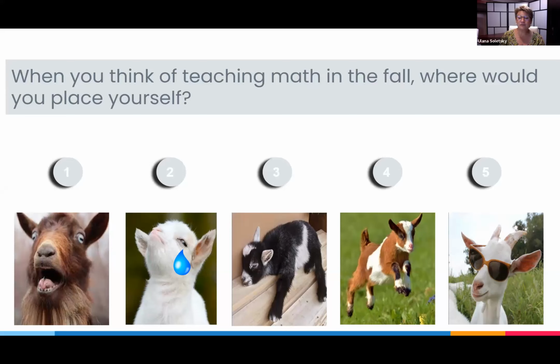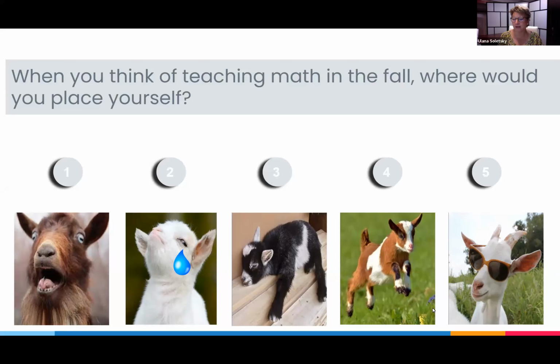Do you remember this slide from day one? We said, when you think of teaching math in the fall, where do you place yourself? The first one is like, wow, I can't even think about it. And 5 is, yeah, I can handle this, I've got it all done. And again, I'd like to do the waterfall effect.